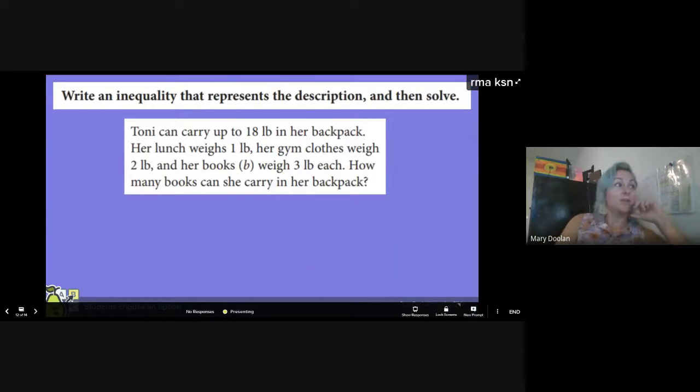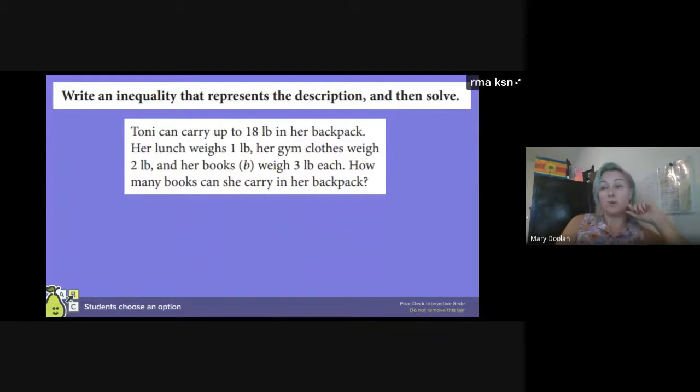Okay, you guys are going to choose the inequality. It's a multiple choice question. We're going to look at the question, and you're going to pick which inequality goes with the situation. Tony can carry up to 18 pounds in her backpack. Her lunch weighs 1 pound.